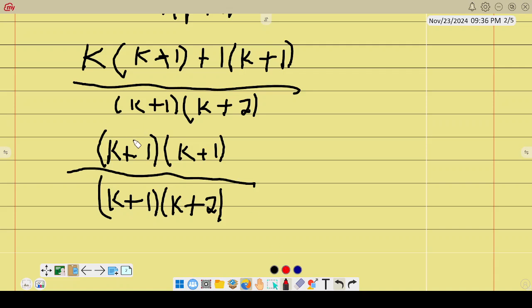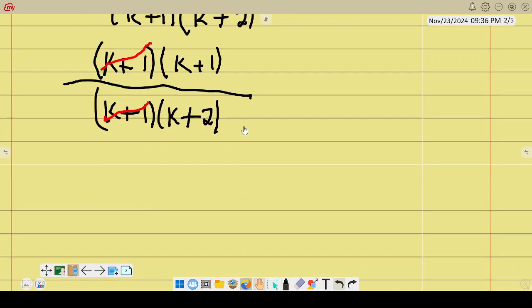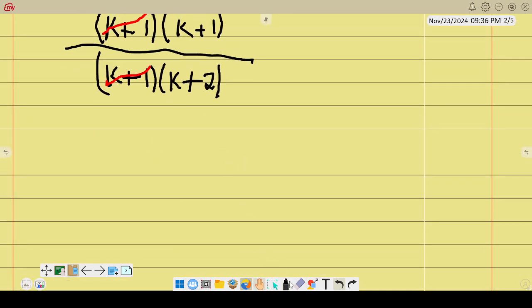So at this point we can cancel one of the k plus 1s, so this cancels with that, meaning we remain with k plus 1 over k plus 2.